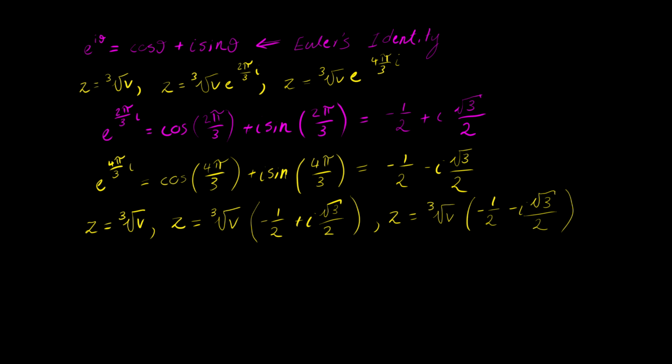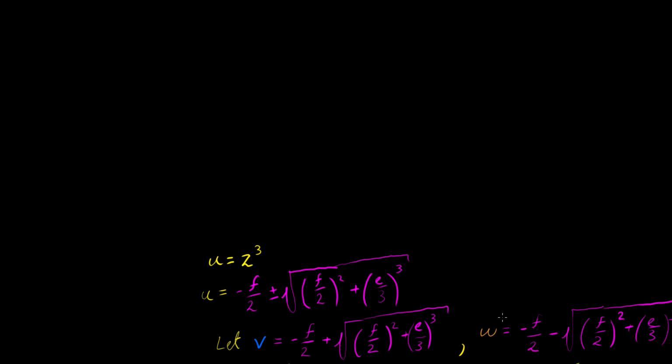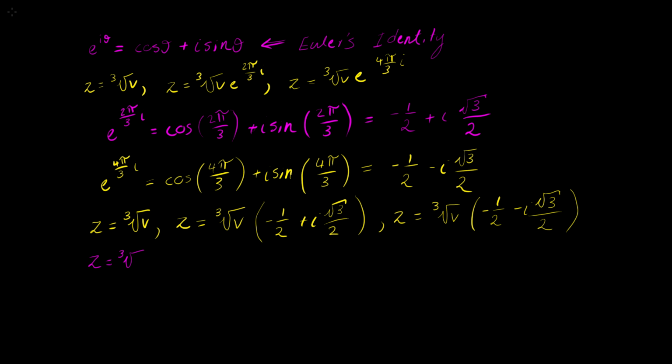So now, if we work this out, we're just going to get the other possible values. If we were to write them out, we'd get z is equal to the cube root of t. Sorry, not t, w. Z is going to be the cube root of w times this negative 1/2 plus I roots of 3 over 2.